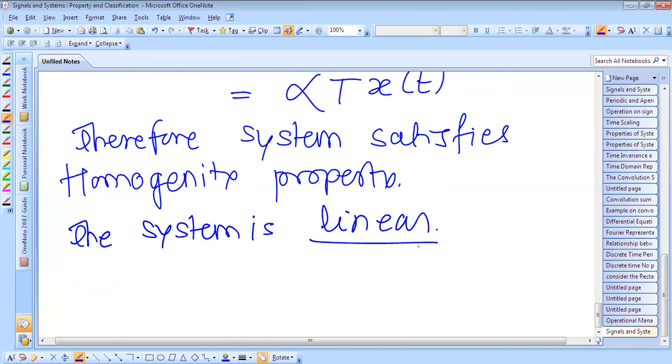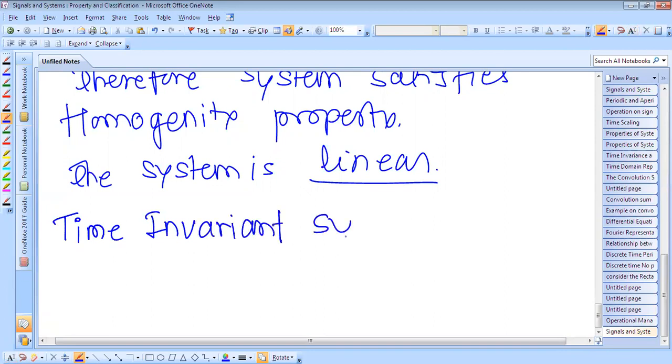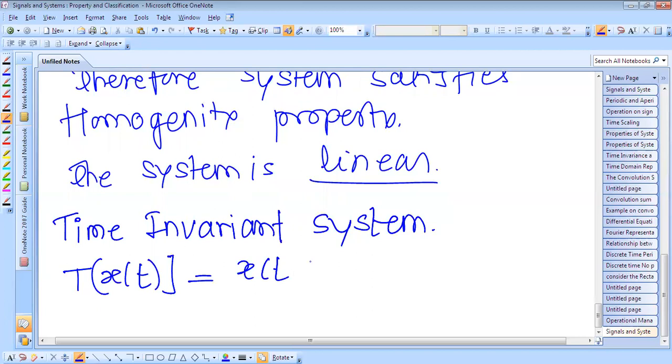Now let us check whether it is a time invariant system. The system given to you is T of x of t is equal to x of t into cos of 2 pi fc t.